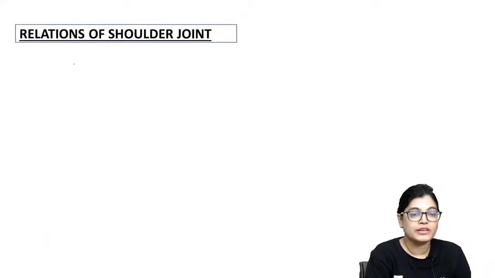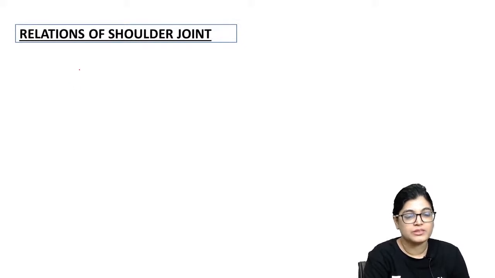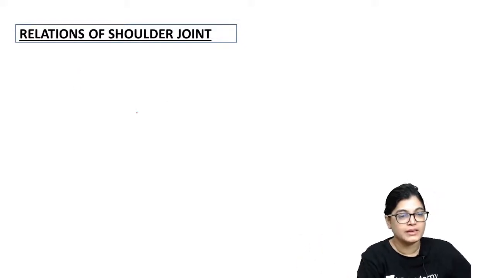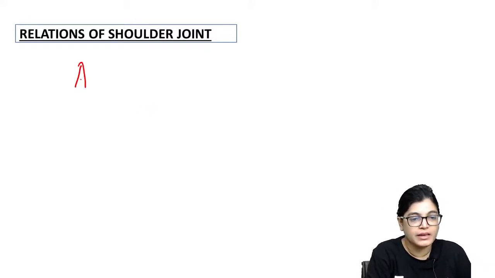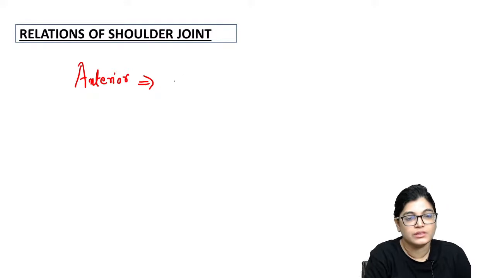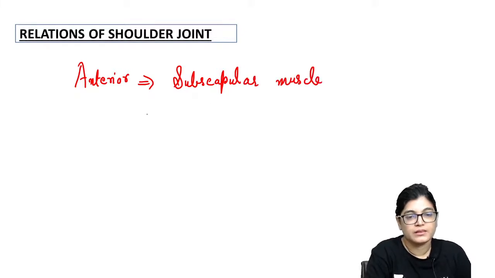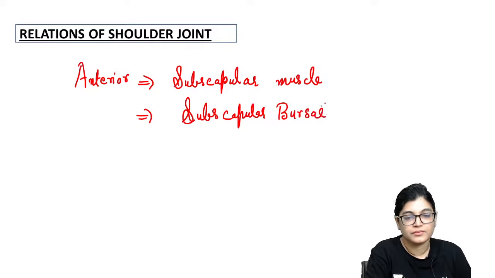Now, write down the relations of the shoulder joint. The anterior relations: write down the heading anteriorly. Anteriorly, it is related to the subscapularis muscle and the subscapular bursa.